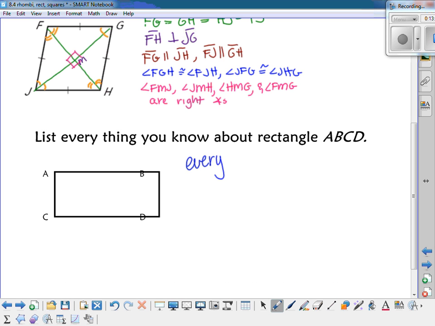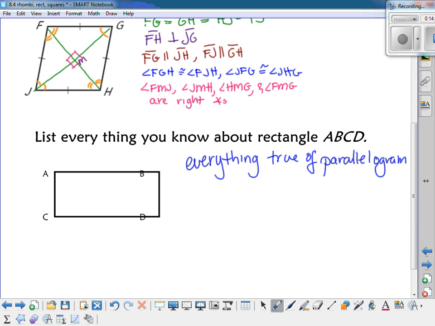So rather than list those all out, just go ahead and say that. Everything true of a parallelogram. What I mean by that is that the opposite sides are congruent, opposite sides are parallel, opposite angles are congruent, and the diagonals bisect each other.